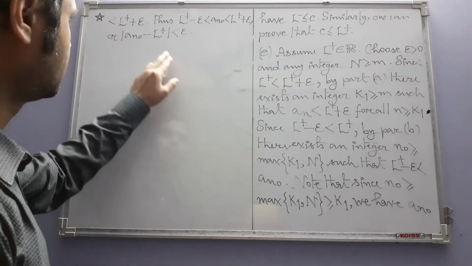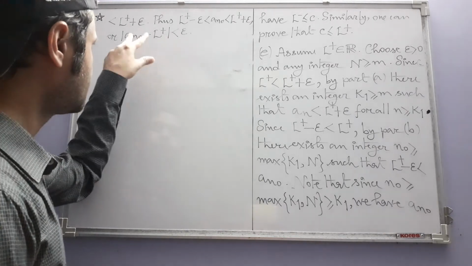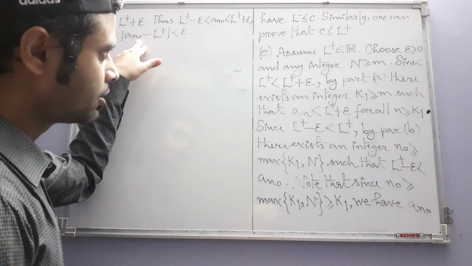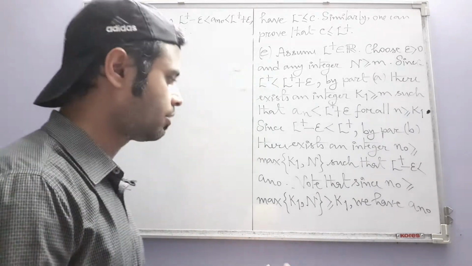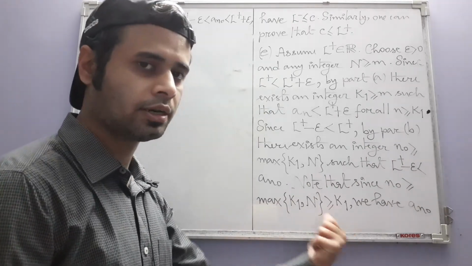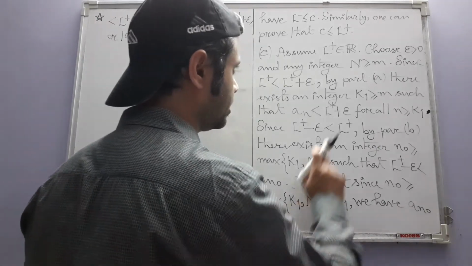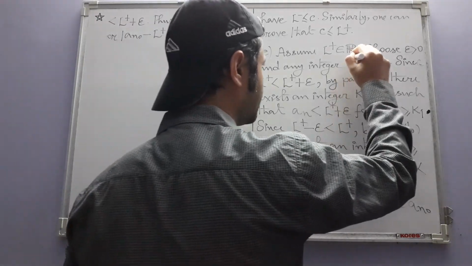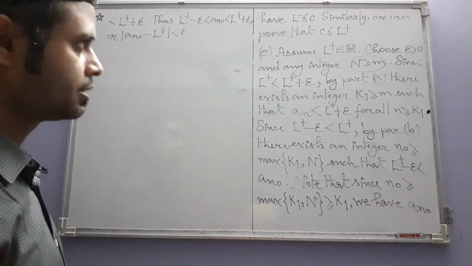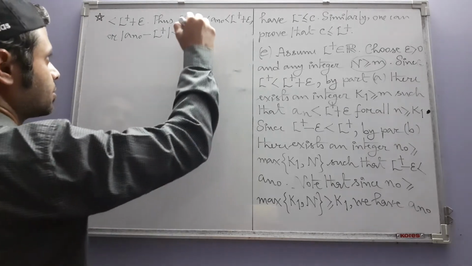We have shown that this distance is less than epsilon. And what is this n naught? From this choice we see that this is of course greater than or equal to k1, but at the same time it is also greater than or equal to n, and this n was our stage after which we wanted this to happen. So such an n naught has now been found.